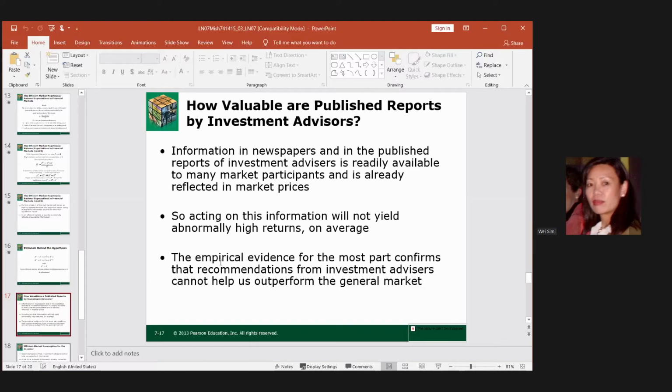Experimental evidence for the most part confirms that recommendations from investment advisors cannot help us outperform the market. Just like Andrew just asked me, remember, advisors are not responsible for your return. Even if they think in their heart that Apple is going to tumble, they cannot say it.